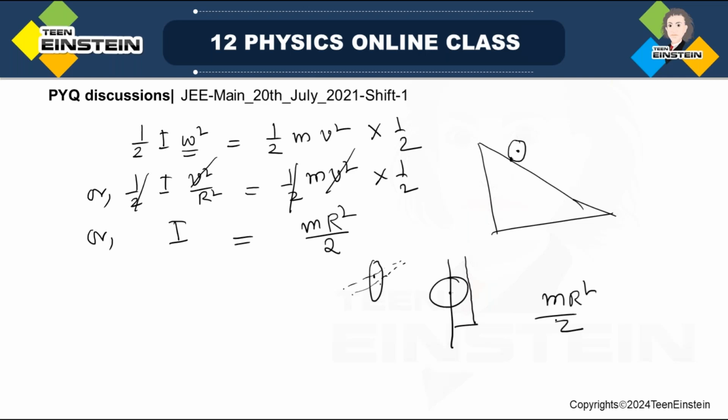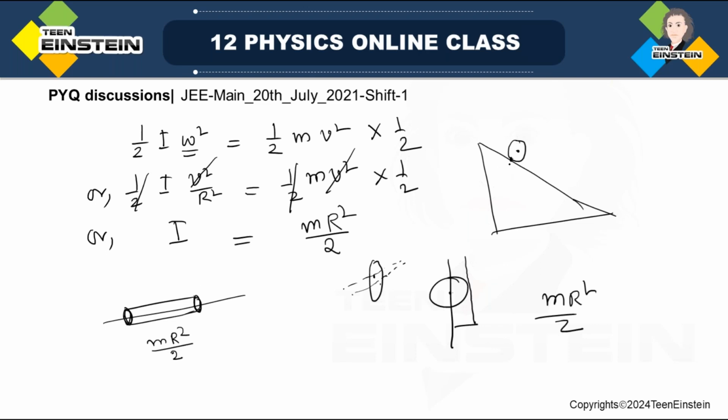There are options: solid cylinder, hollow cylinder, ring, and so on. So the moment of inertia for a cylinder about its own axis will be m r square by 2 for a solid cylinder.